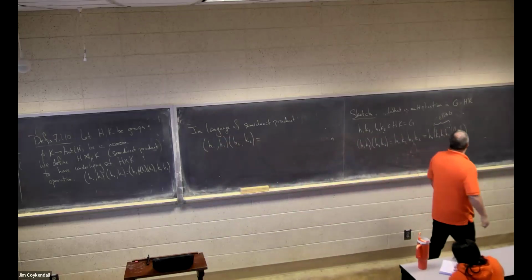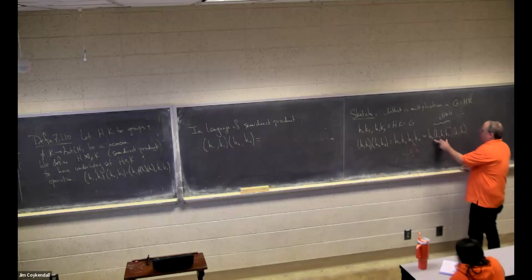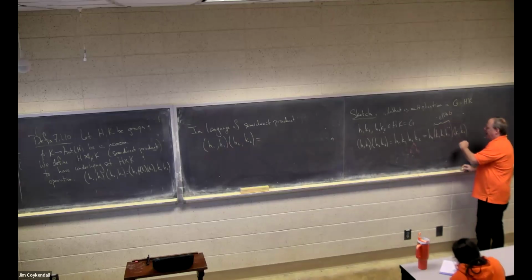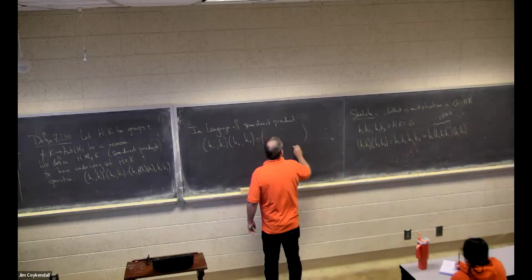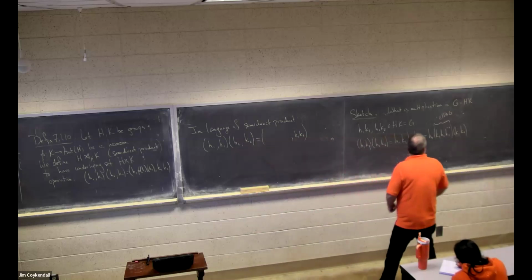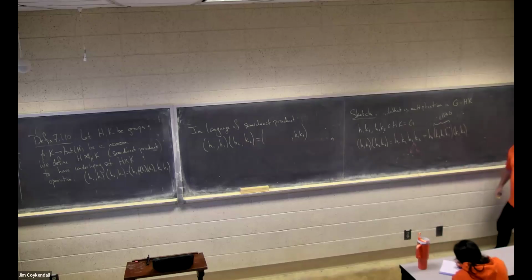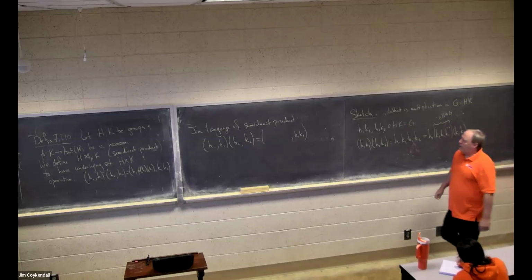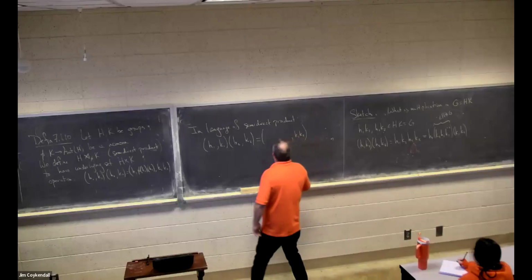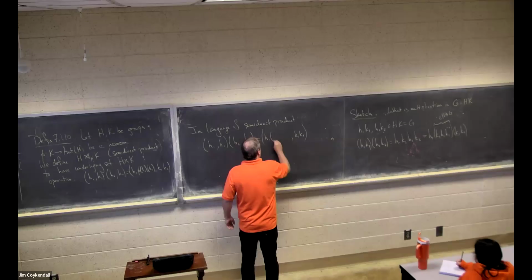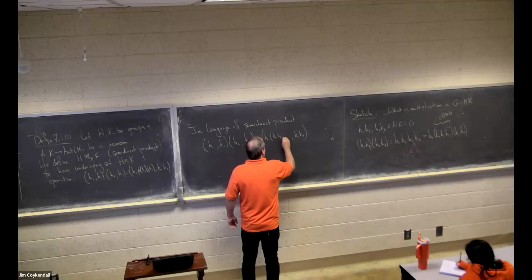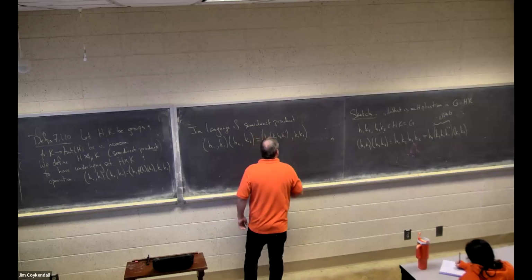Think of this in commas. Notice this is an element of H and this is an element of K. So that matches the tail of this. And what goes here would be H1 times K1 H2 K1 inverse.